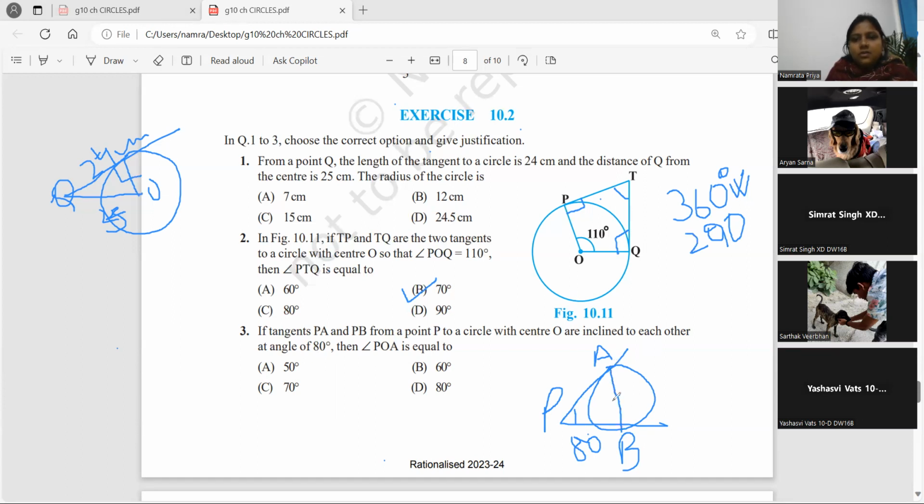ये भी same ही question हो गया. This is 90 and this is 90. So what is this angle? This type of angle it is here. ठीक है? So 90 plus 90 is 180, 180 plus 80 is 260.